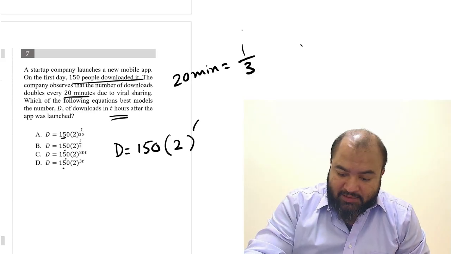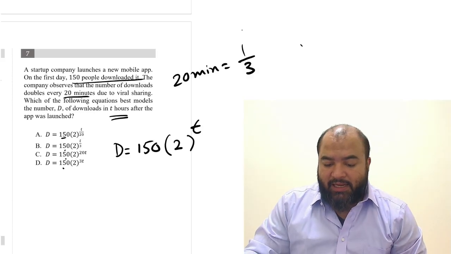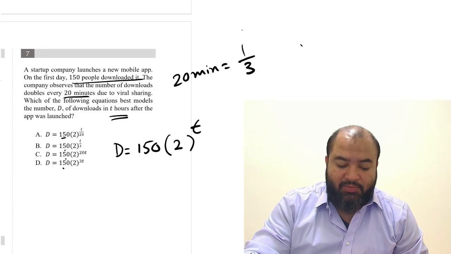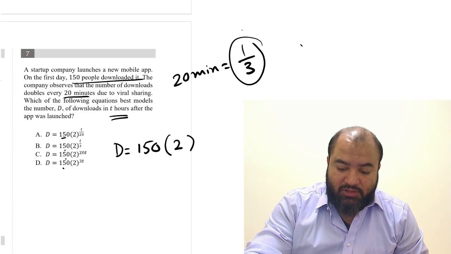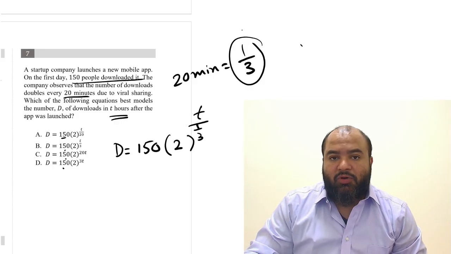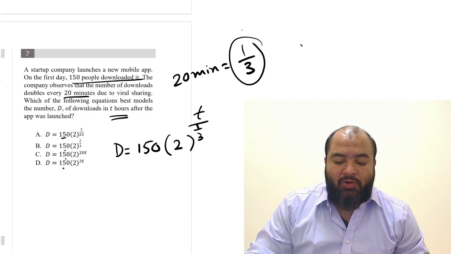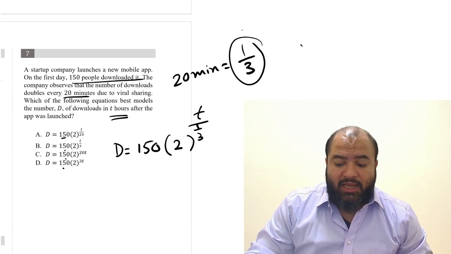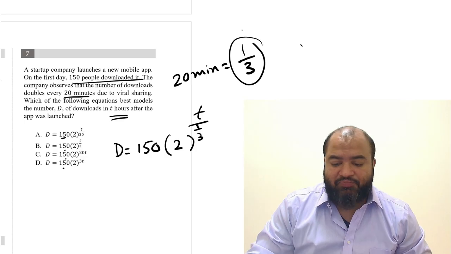So if I say just T here, this will mean it doubles every hour. But they said no, it's not doubling every hour. So every 1/3 hour. So T over 1/3. If they say every 2 hours, I would have put T over 2. Every 30 minutes, T over 1/2, something like that.